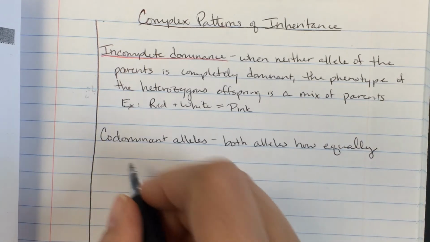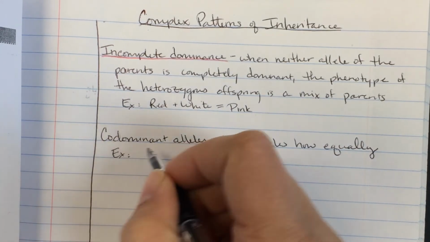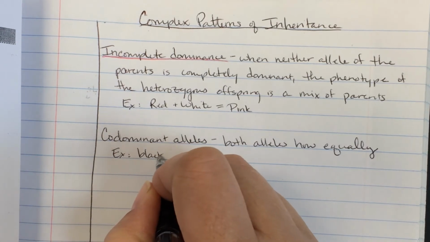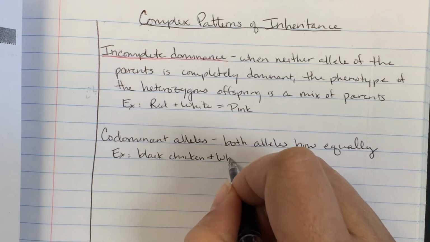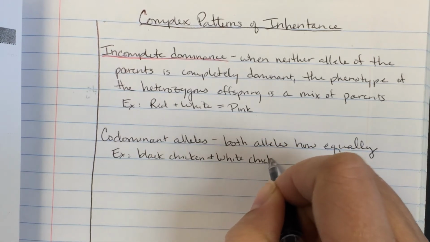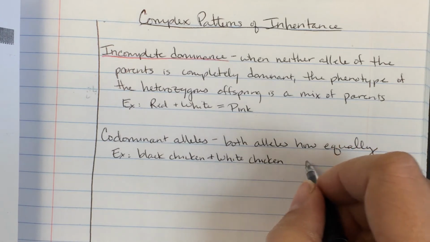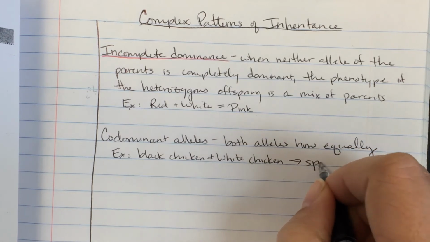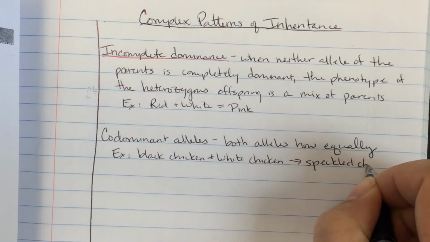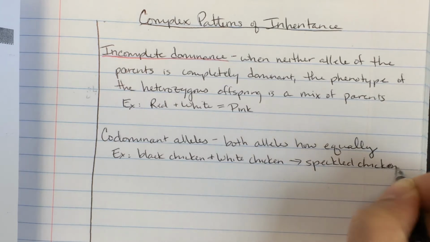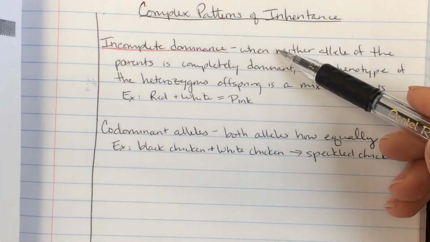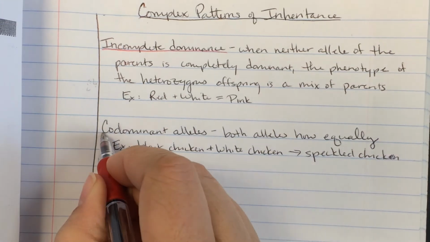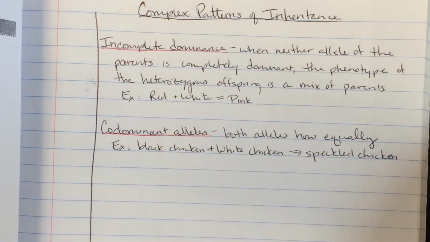An example of this one would be if you had a black chicken mates with a white chicken, you end up with a speckled chicken. You actually see both the black and the white in there, but it's not a gray. If it was gray, it would be incomplete dominance. But since it is showing both of them independently, it is codominance.